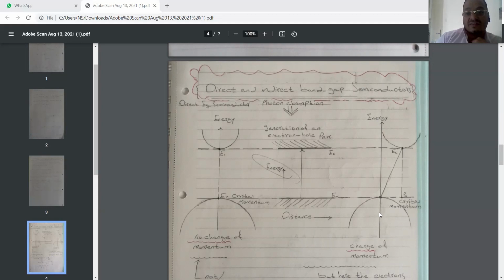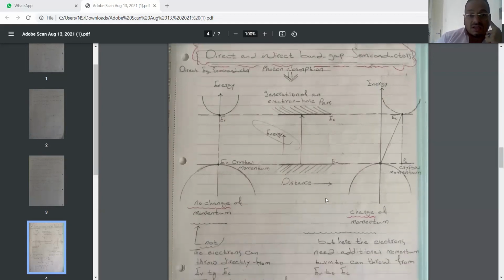But we have another important thing we must note. In the direct band gap, we don't have any change of momentum. But in the indirect band gap, we definitely have a change of momentum. If we have an indirect band gap, that means we have a change of momentum.